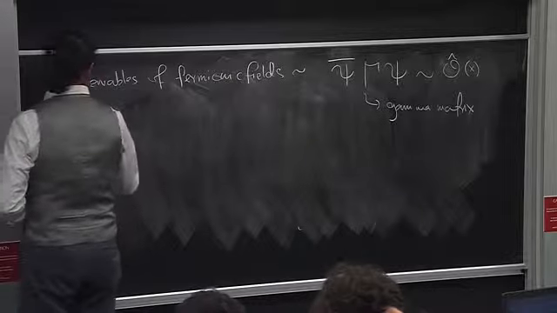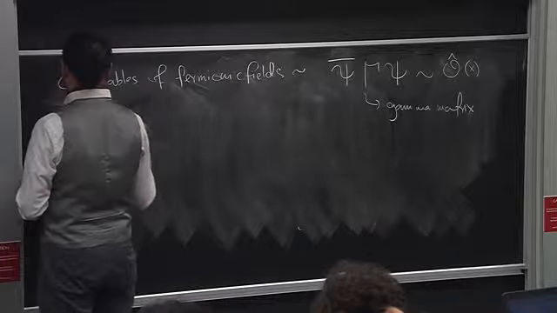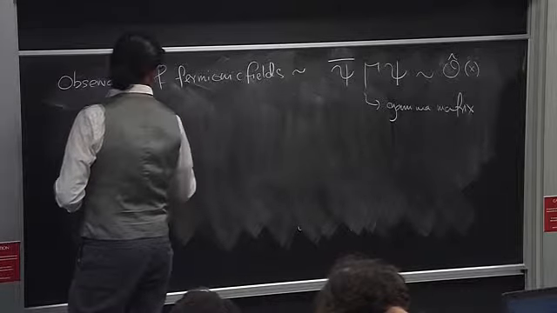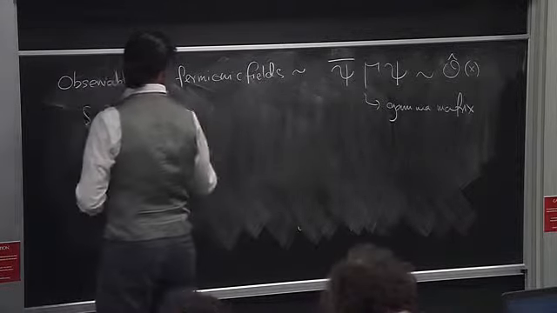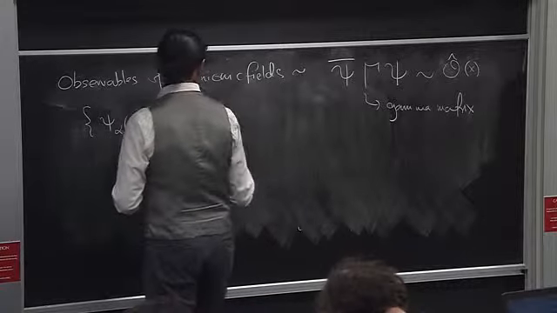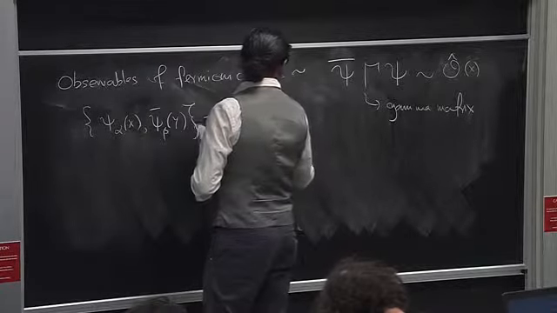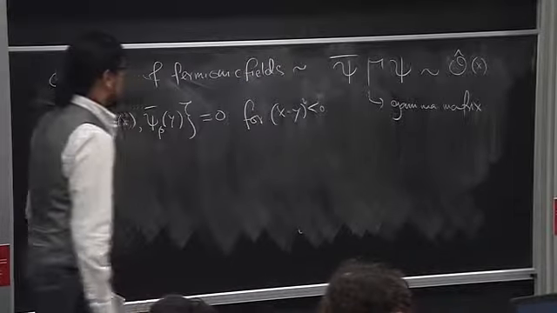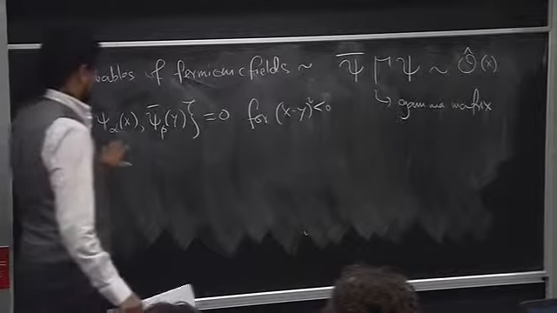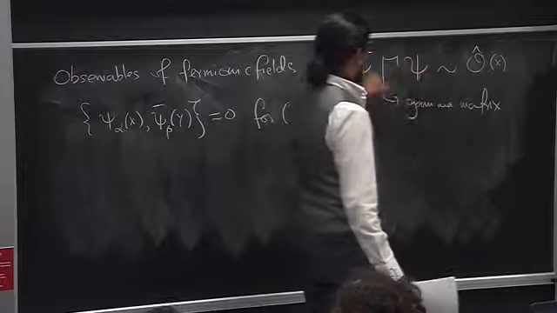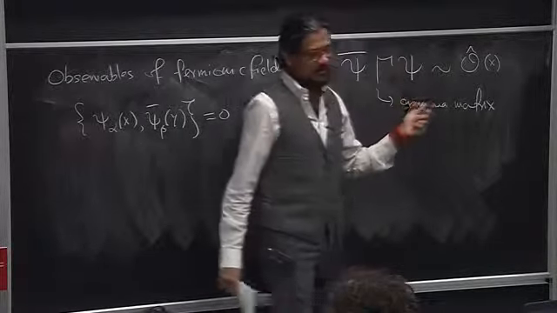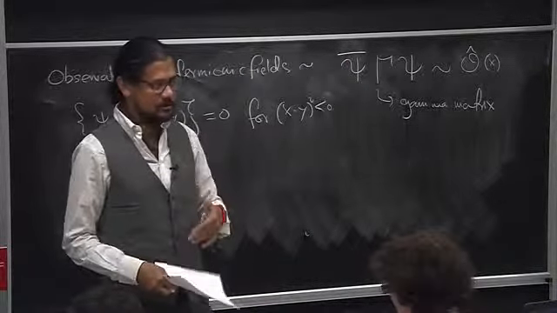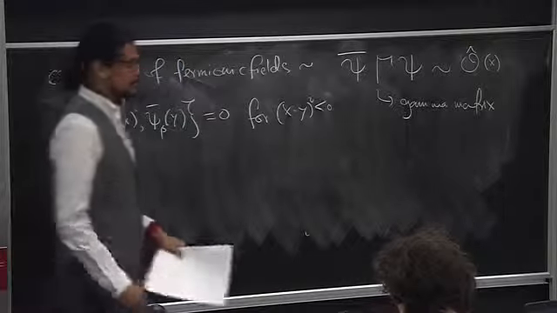So if you could ensure that this is true, then we would be in business, because the commutator of a bilinear of fermionic fields can be decomposed in terms of anti-commutators of the component fields. Okay?